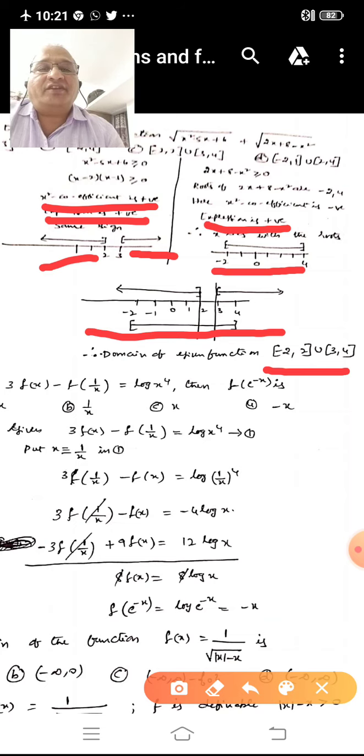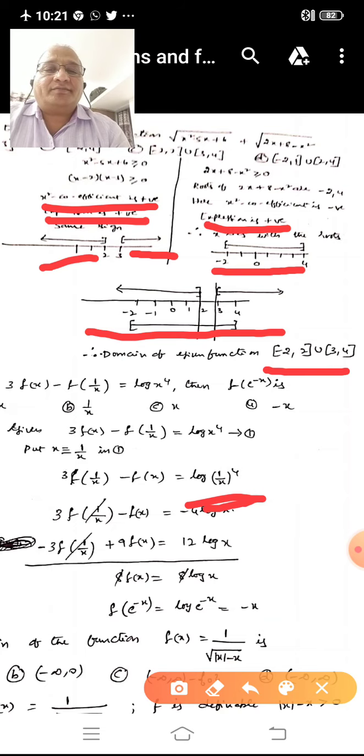Therefore the domain of this function is closed bracket minus 2 comma 2 union 3 comma 4. Closed brackets and open brackets are very important. Definitely there will be a question from domain in CET as well as in JEE.